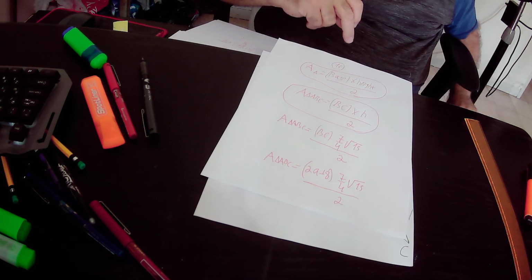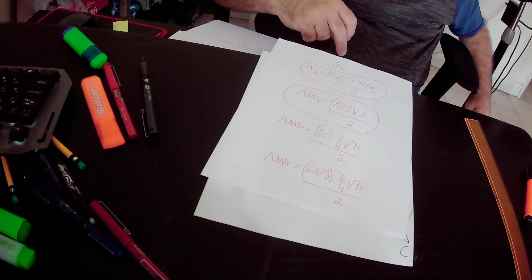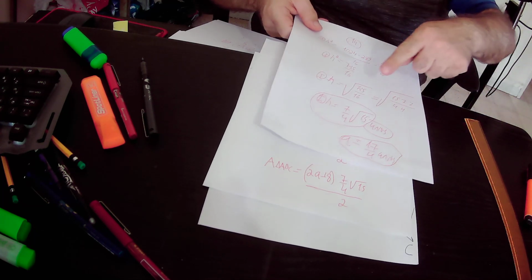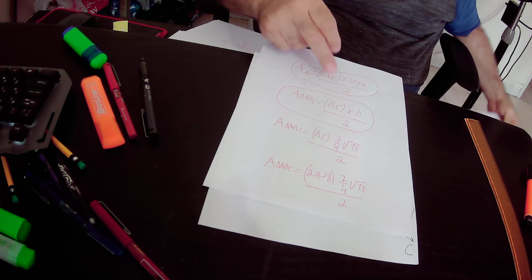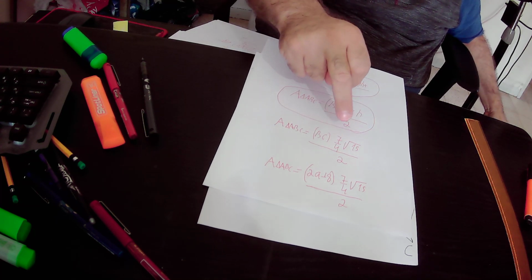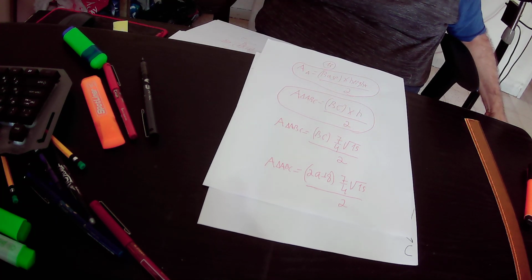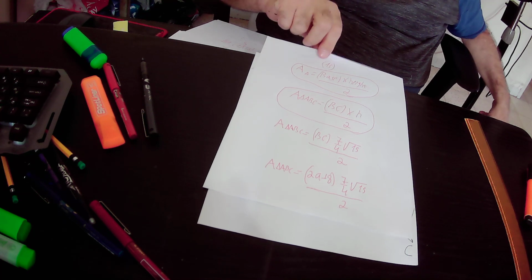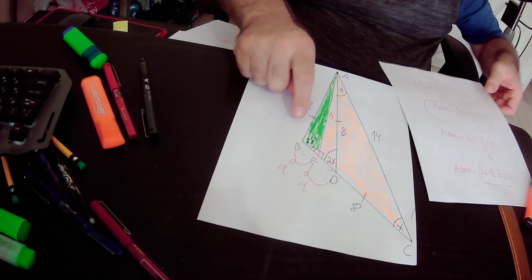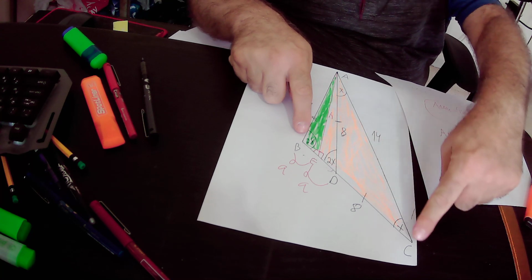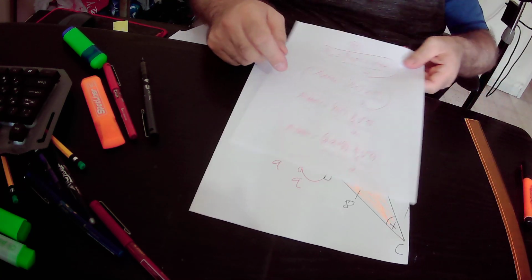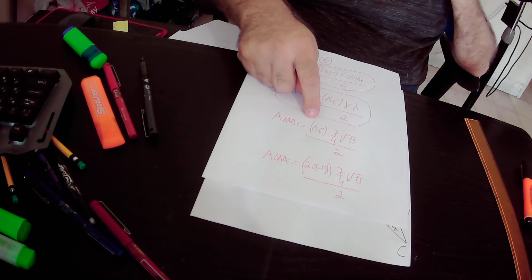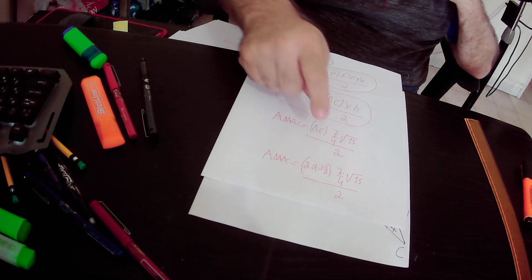We have already found out that H equals 7 over 4 times root 15 units. So we can substitute H by 7 over 4 times root 15. And then BC equals A plus A plus 8, so BC equals 2A plus 8. So we can substitute BC by 2A plus 8.